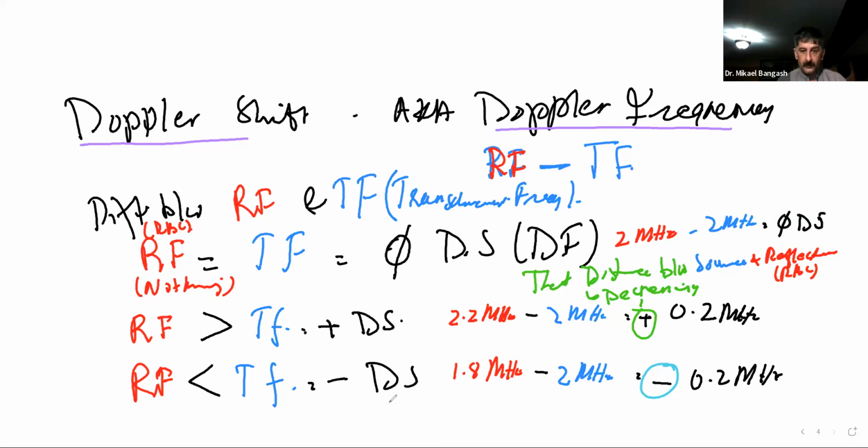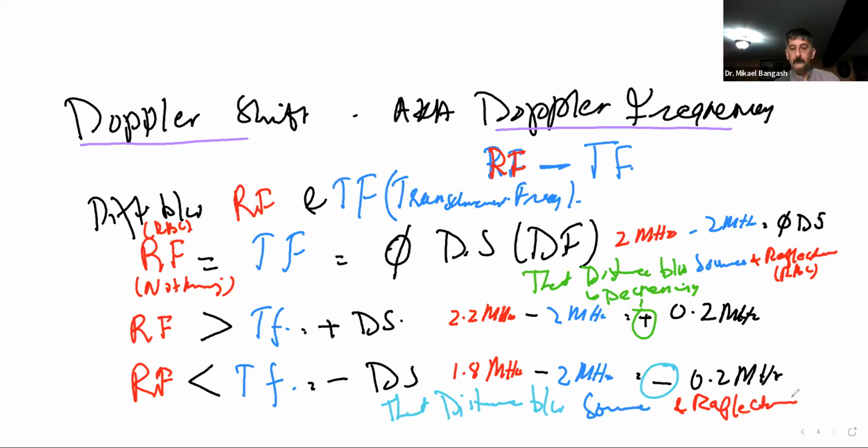We can say that's going to be when the distance between the source, which fires out at a frequency, the transducer, and the reflector is increasing.